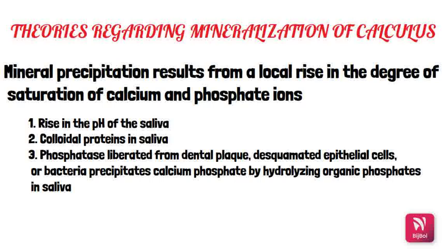So these colloidal proteins present in the saliva will bind the calcium and phosphate ions, and thereby the mineralization is taking place. And another third theory is that phosphatase that is liberated from the dental plaque, desquamated epithelial cells or bacteria, these will try to precipitate the calcium phosphate. So because of these three things the mineralization is taking place, and ultimately the plaque is getting converted into calculus.